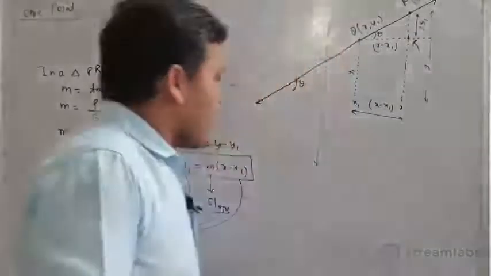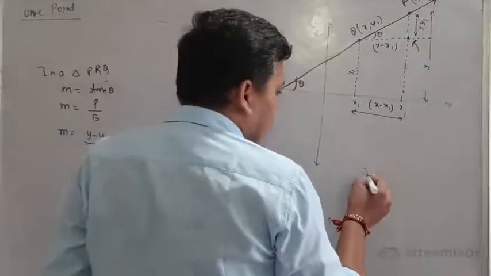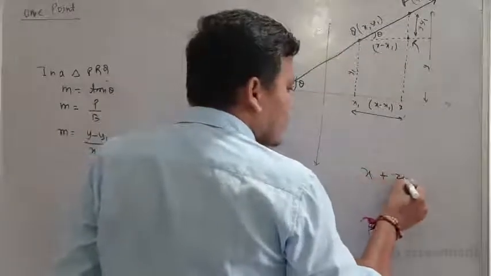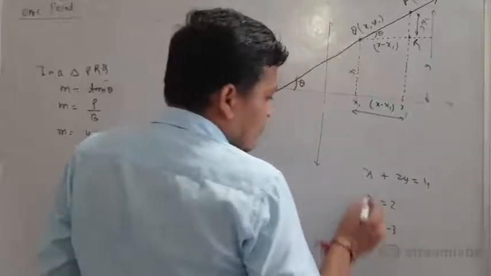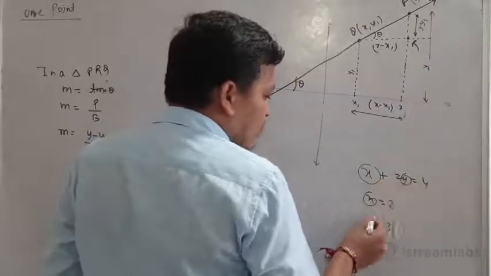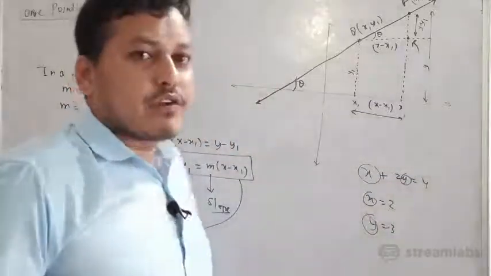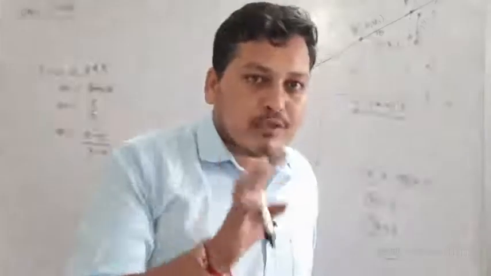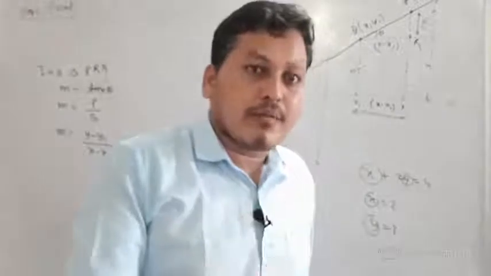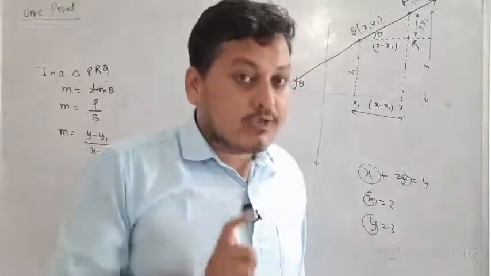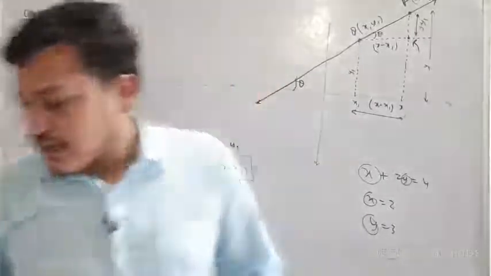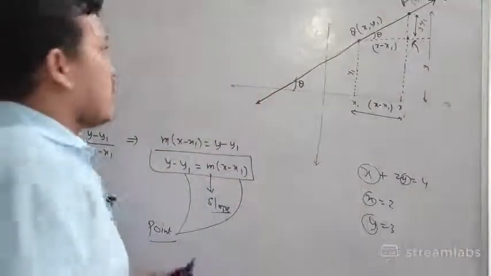And listen to one thing. Normally in earlier classes you learn about x plus 2y is equal to 4, x is equal to 2, y is equal to 3. So this x and y is always constant, always fixed. You do not have to change the value of x and y, x and y will remain the same. The value of x1 and y1 will be changed. So now I am taking one example based on this question.